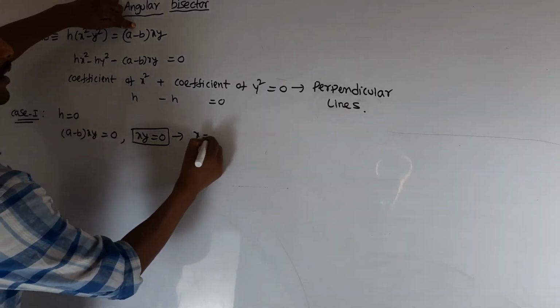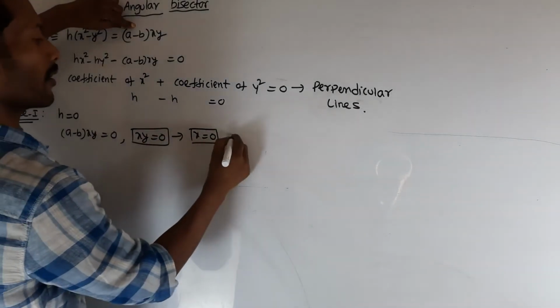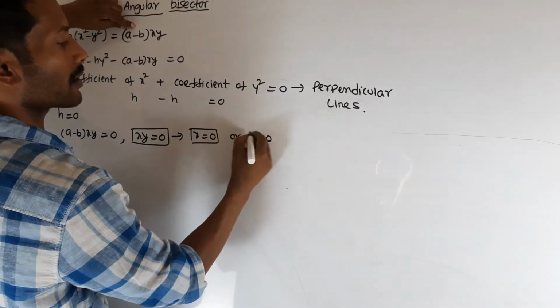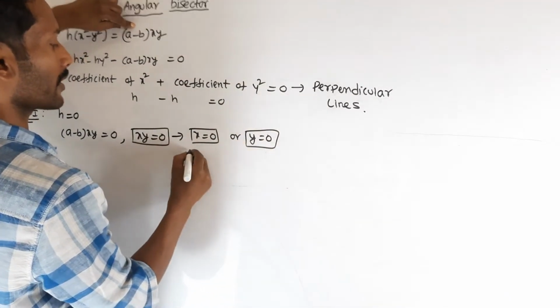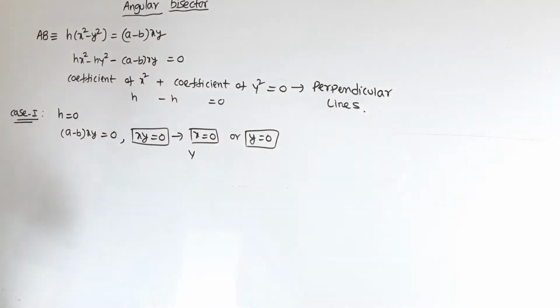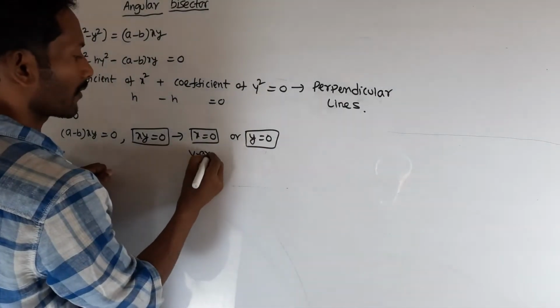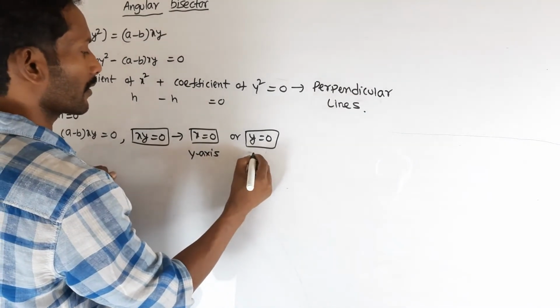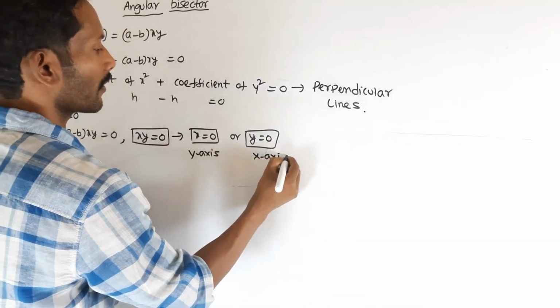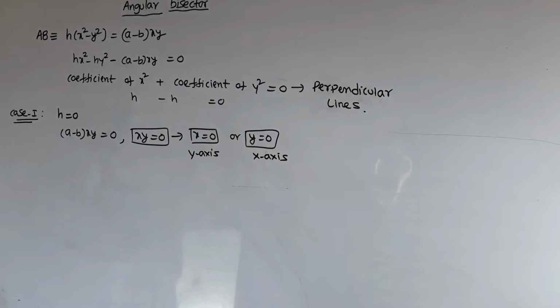Now x equal to 0 or y equal to 0. X equal to 0, this one is the y axis, y equal to 0, x axis.